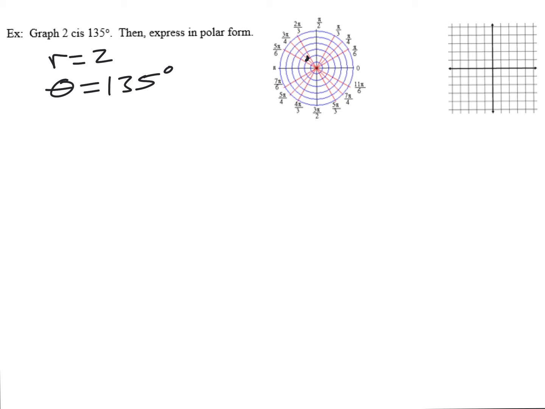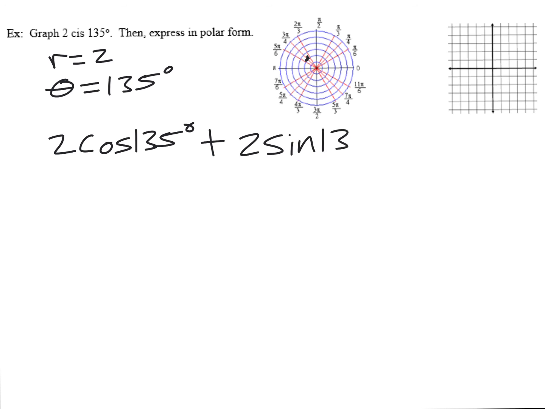Here it's going to be helpful to write it out in its longer form to convert it, because what's going on is we have 2 cosine of 135. That's what we would call A. 2 sine of 135. Don't forget to tag the i at the end.